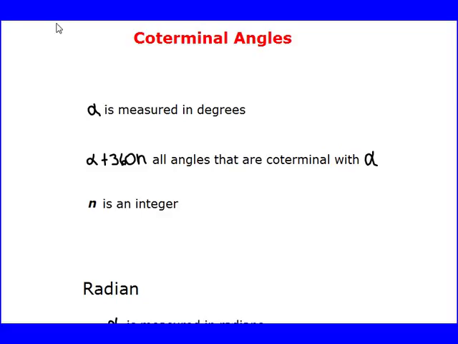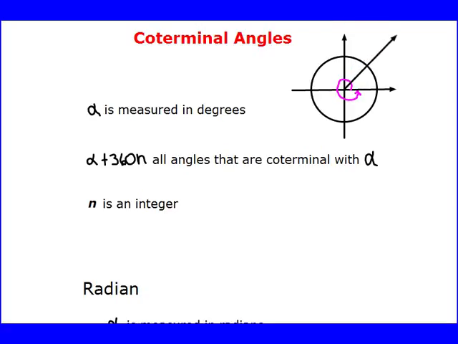So let me do an example here. As you see from this drawing, we start here at the x-axis and we go one complete rotation around, then using a different color, let's say that we have this line here drawn from the origin. In this case, if I wanted to show another coterminal angle, this would be 360 degrees.